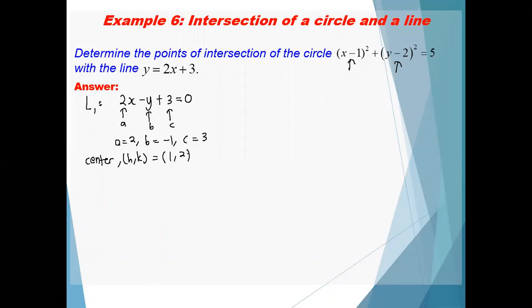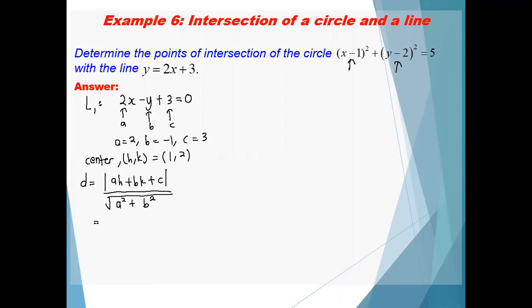So next we use D. D is the modulus of, let me recall, Ah plus Bk plus C over square root of A squared plus B squared.